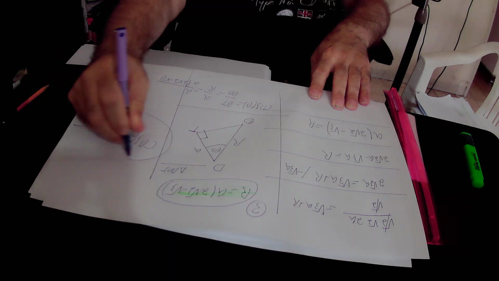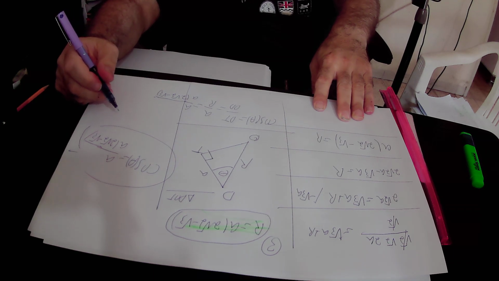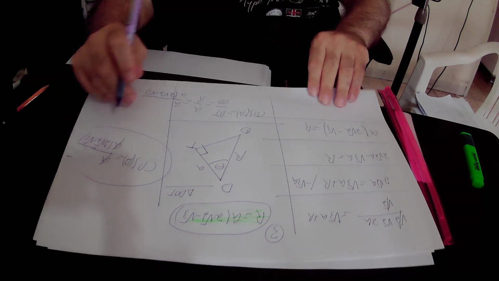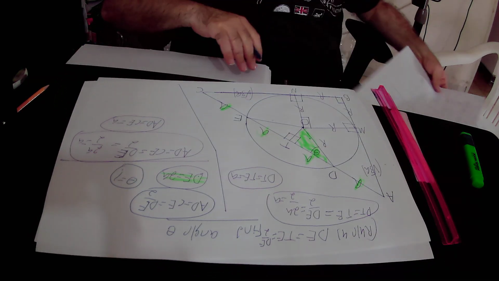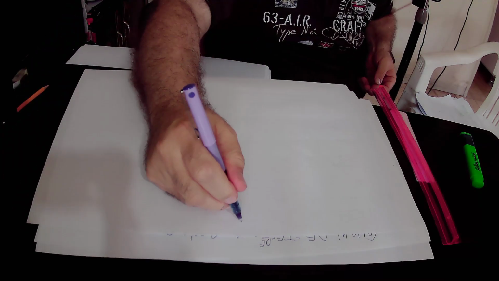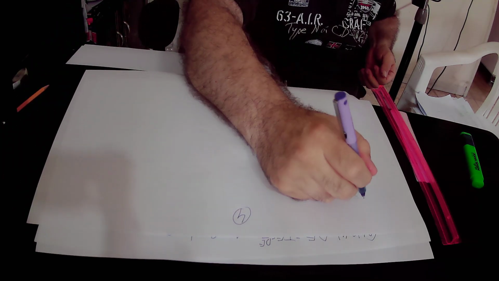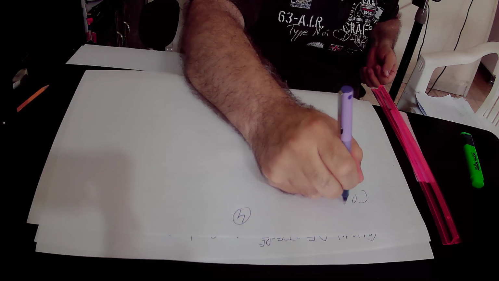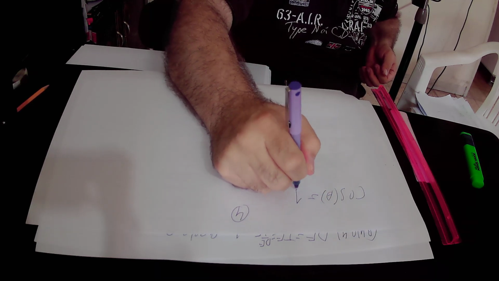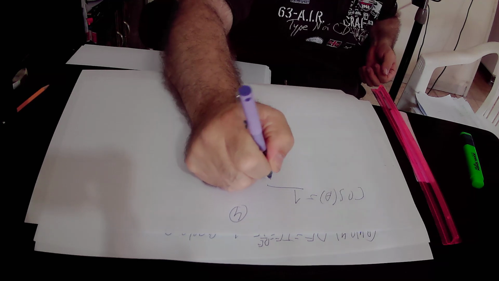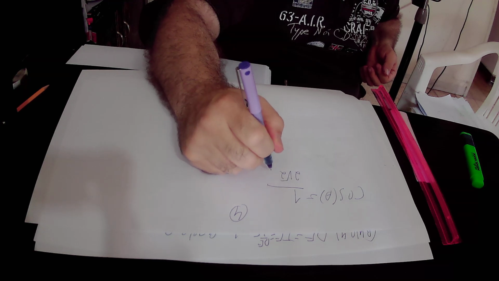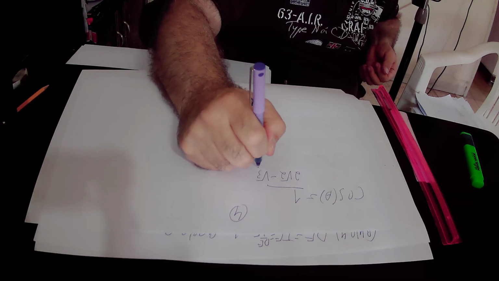Here we have A in the numerator and A in the denominator, so A gets cancelled and we are left only with cosine theta equal to 1 over 2 times square root of 2 minus square root of 3.